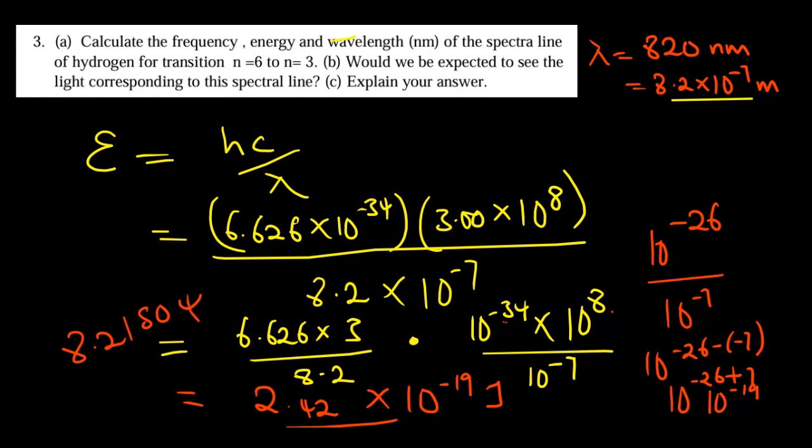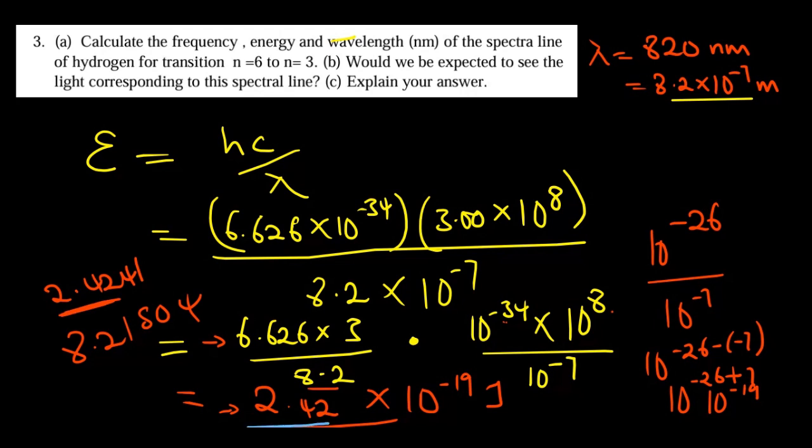So we round it off to 2 decimal places. Let's do this again. Oh, I see where I made the mistake. When dividing, I divided with this number instead of this one. It should be that number divided by 8.2. So I'm getting the same 2.4241, and when we round it off to 3 significant figures, it's this number that we can see here.